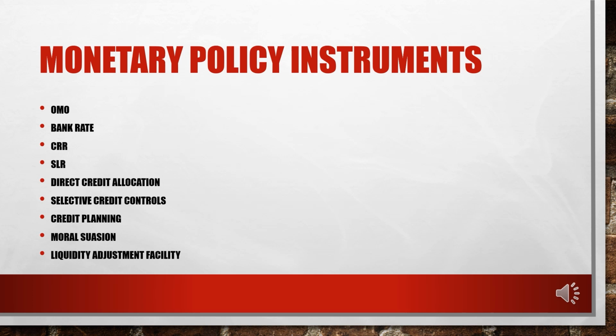Here in the corridor, they have a single policy rate, that is the repo rate, and below is the floor, which is the reverse repo rate, and above they have the marginal standing facility rate, right? So overall, RBI always ensures that the money market rates stay below the marginal standing facility.